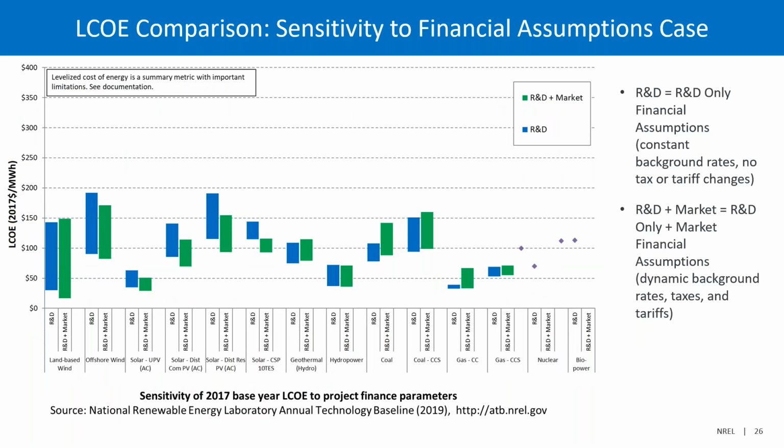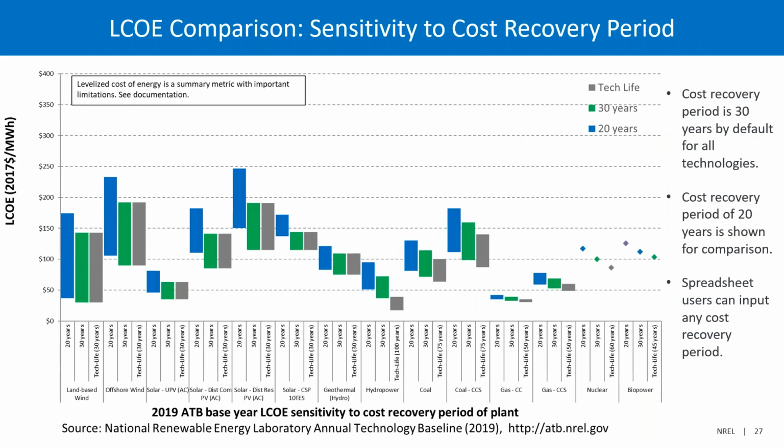So the market case here is adding on changes in the background rates, like interest rates, taxes, to contrast that with the R&D only case.